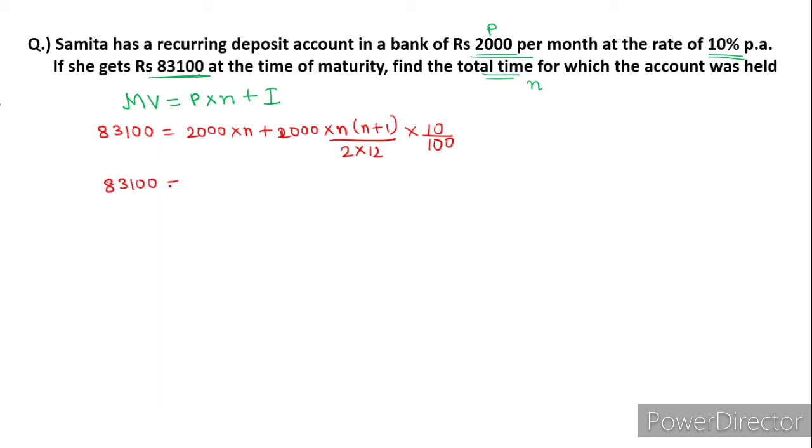83,100 is equal to 2000 n plus, cancel all the zeros, therefore it is 100 n plus 1 by 12. Take 12 LCM, cross multiply into 12. If you multiply 2000 with 12, you will get 24,000.